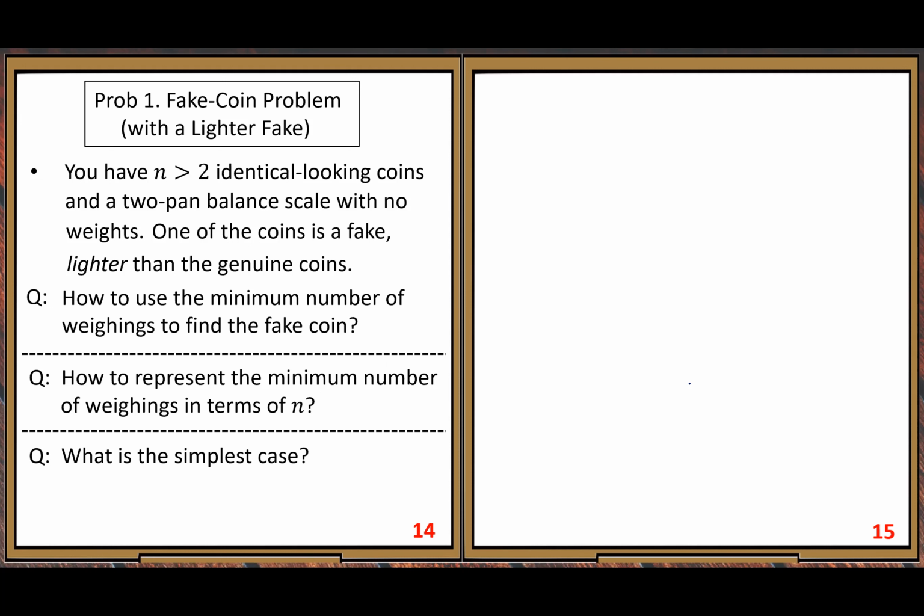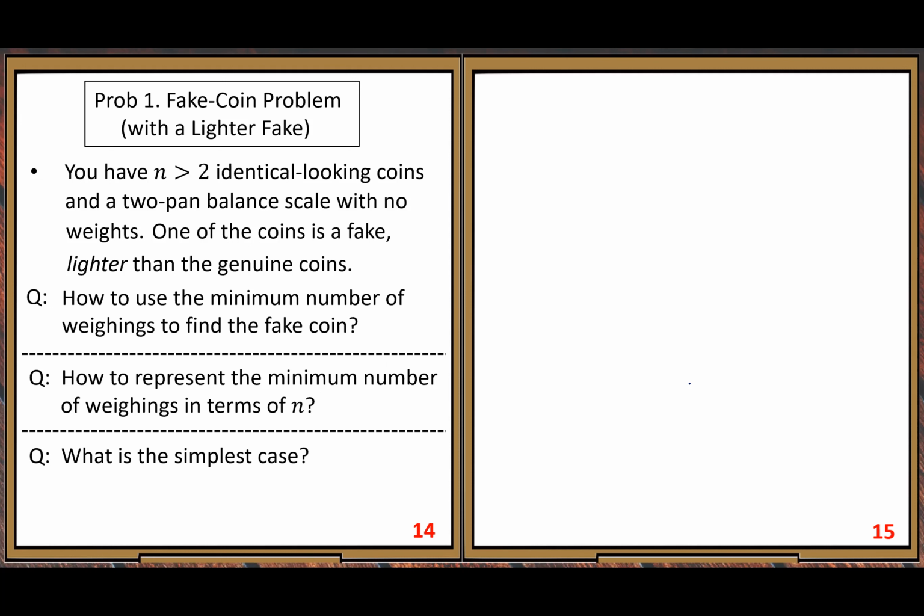Remainder 0. That means n is a multiple of 3 for the first split. How about the second split? Another multiple of 3. Third split? Another multiple of 3. Fourth split? All the way multiple of 3. That's the easiest, right?